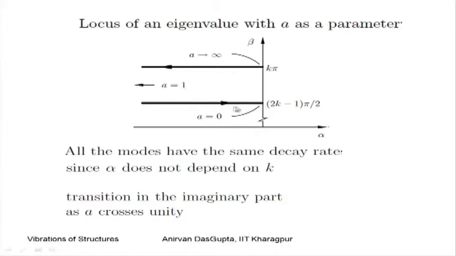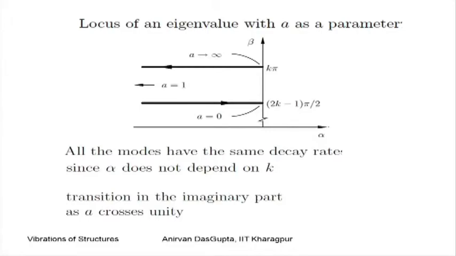When a goes to 1, this goes to infinity, as we have already seen, and this is the locus of the solution as a varies. As you can see, all modes have the same decay rate, as alpha does not depend on k, and there is a jump from this value to this value as a crosses 1.